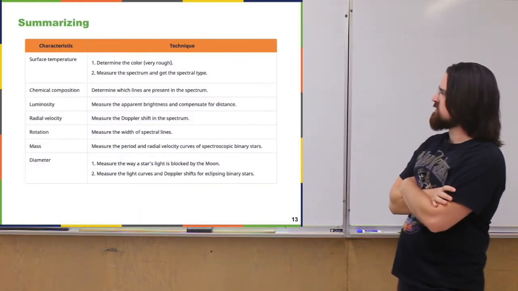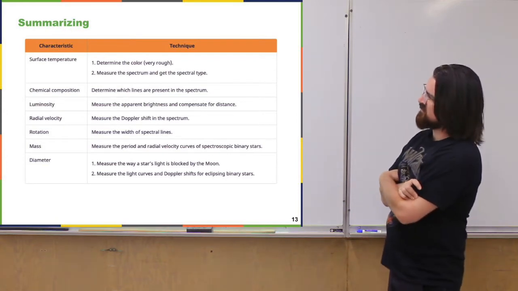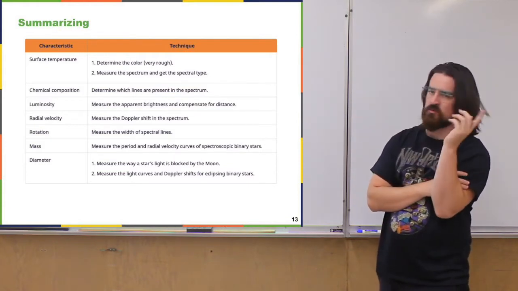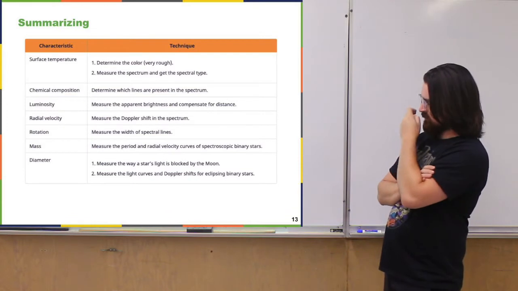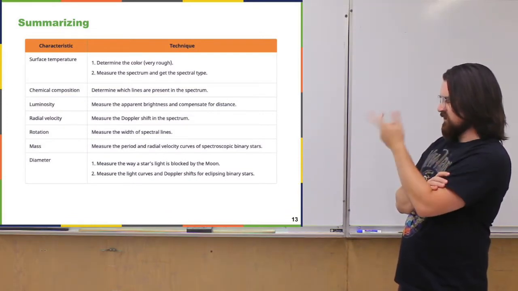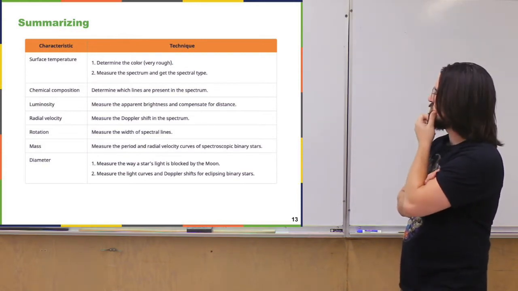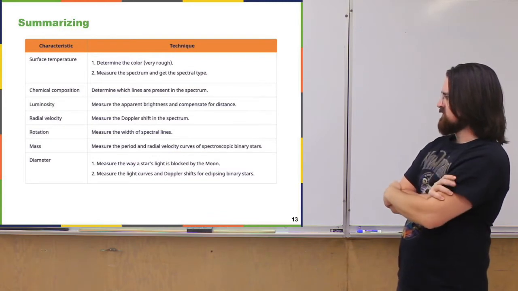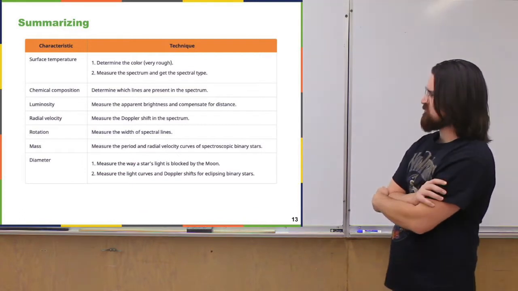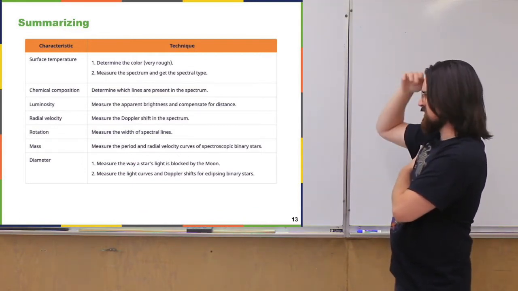This table just summarizes some of the things that we talked about in measuring the properties of stars: their temperature, their chemical composition, or what elements and atoms make up that star, luminosity, motion, rotation, how massive they are, and the size or diameter of stars. I'm just briefly reminding you how we measure some of these things. In the last lecture, we talked a bit about measuring the temperature and chemical composition.